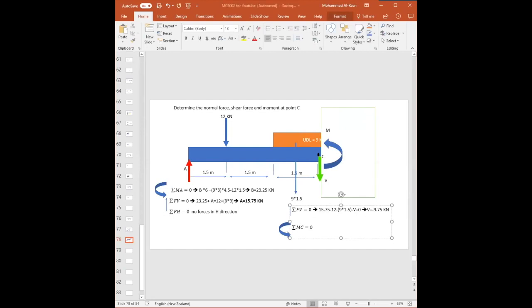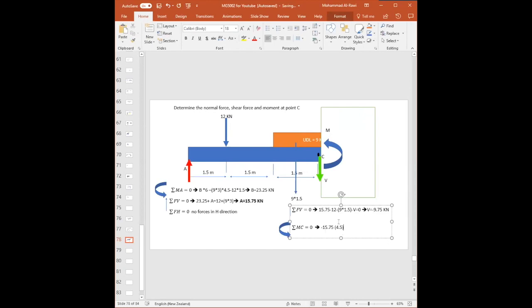What do we have? We have A. A will be rotating what? Clockwise, so it will be minus. So let's put a new line. Minus 15.75, which is the value for A, times the distance. 1.5 plus 1.5, that's 3 meters, plus 1.5, that's 4.5 meters.